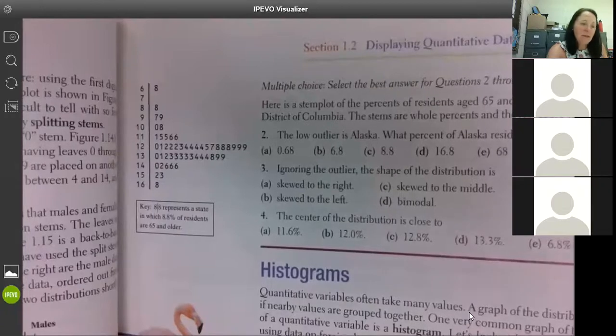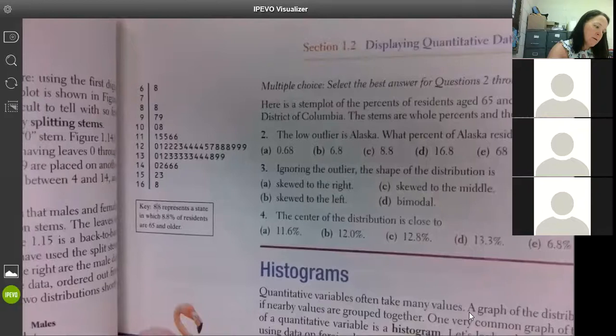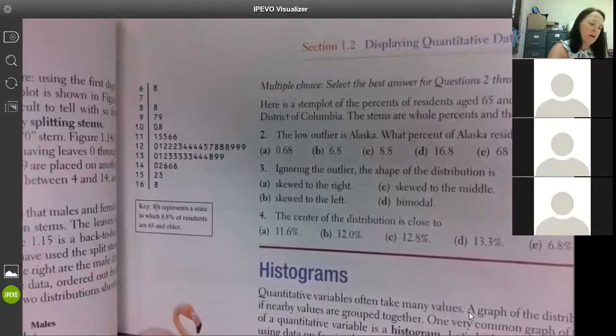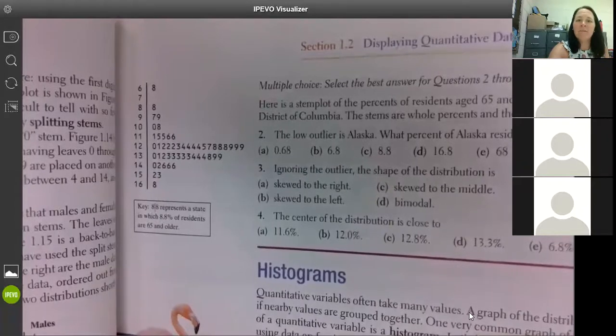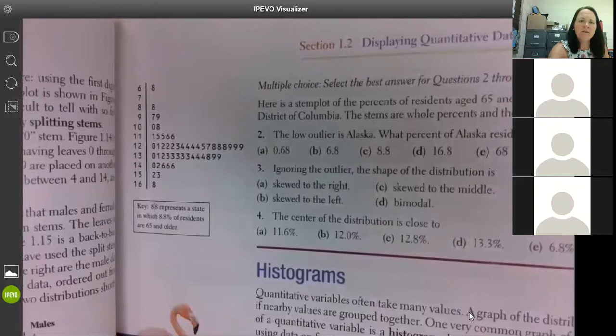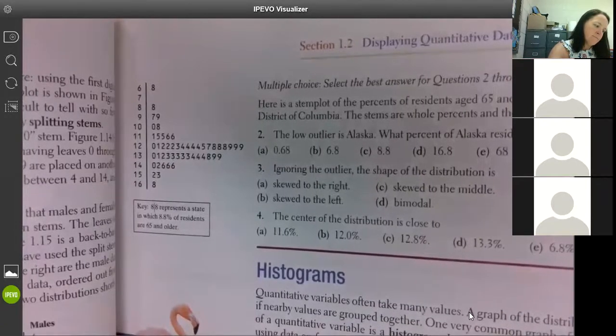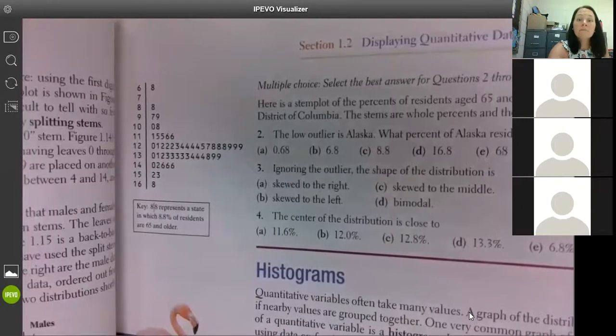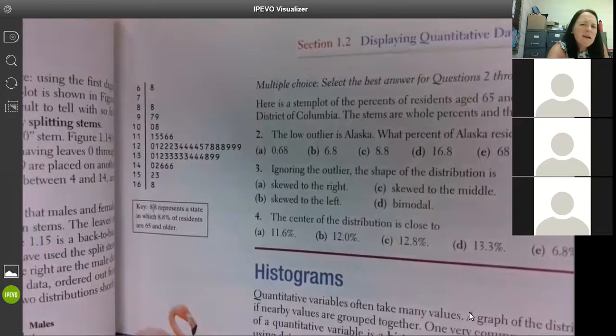Ignoring the outlier, the shape of the distribution is roughly symmetrical. Is everybody okay with that? I definitely agree with that. It looks like one peak in the very middle. All right, and then number 4, the center of the distribution is close to? Where do you think the center is?